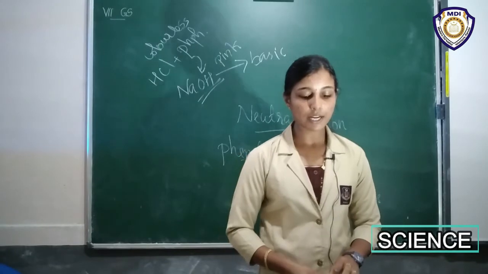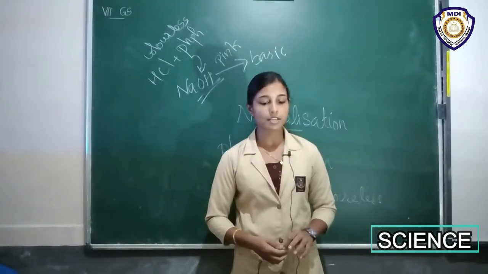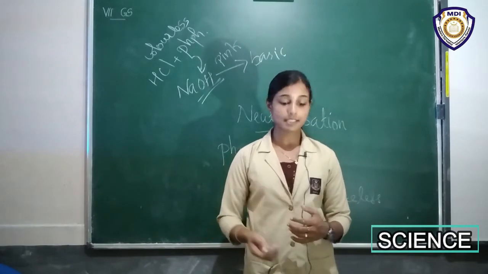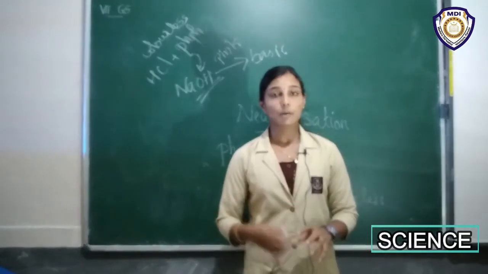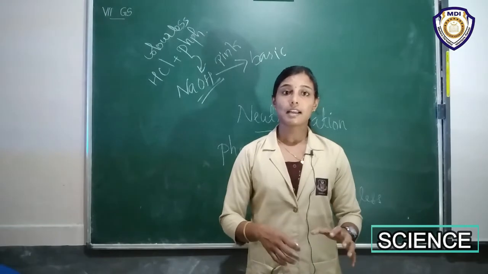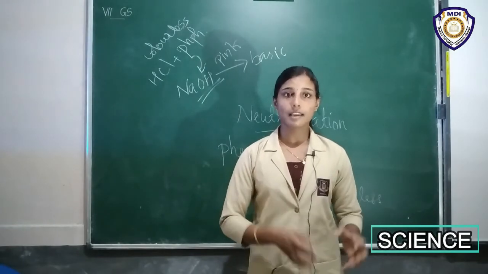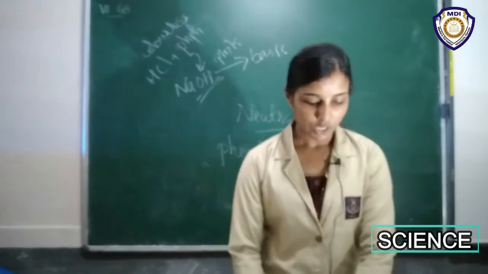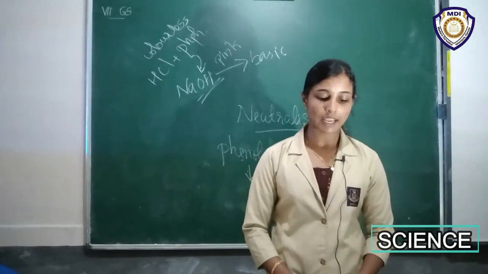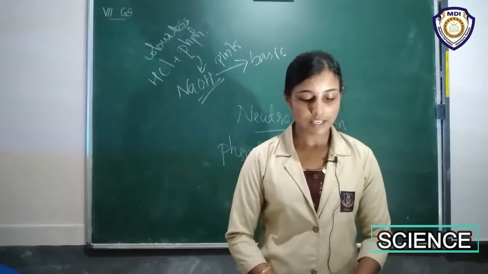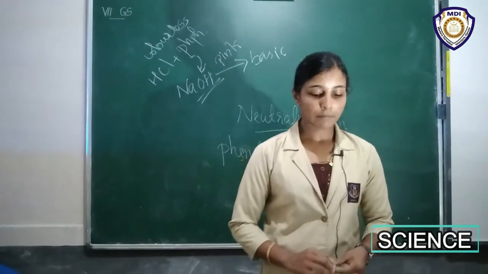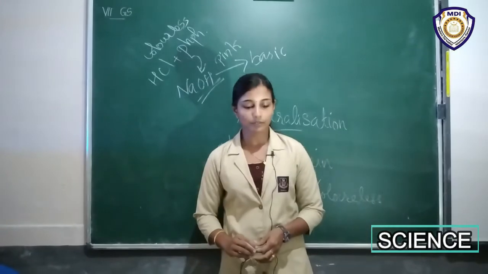Okay. So in a neutralization reaction, a new substance is formed. Normally, a neutralization reaction is accompanied by the formation of a salt, and along with that heat is evolved, right? This new substance is called salt. Salt may be acidic, basic or neutral in nature.